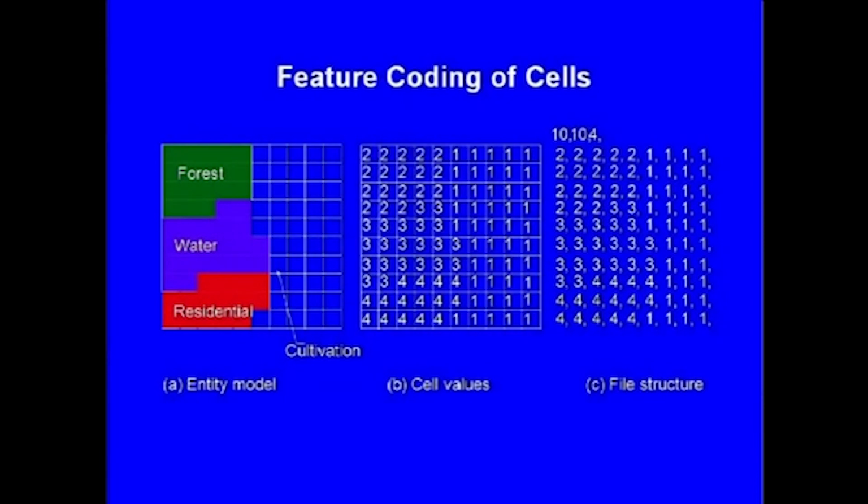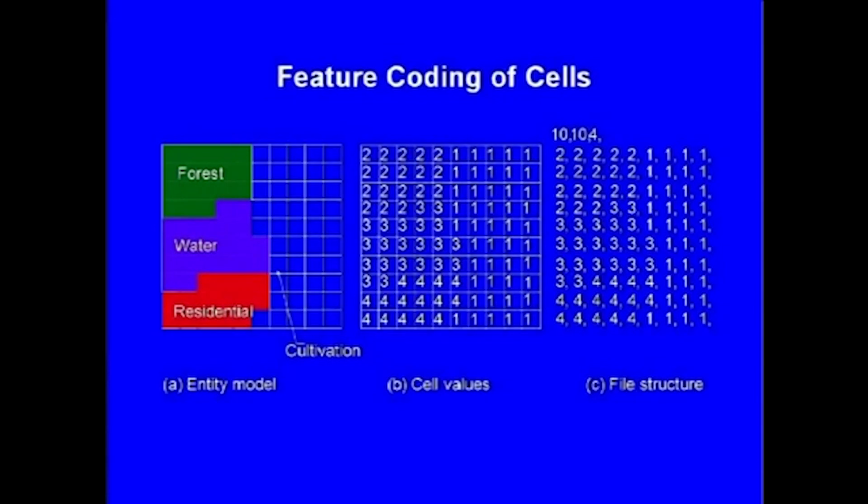Here we find that within an entity model, there are 4 types of information which do not overlap. For example, forest, water, residential and cultivation areas will not overlap amongst themselves and will have discrete and separate locations. So, rather than creating 4 different files wherein for each information a small portion is used to store the values and the rest is kept blank, we can provide separate entity codes to each of the information.